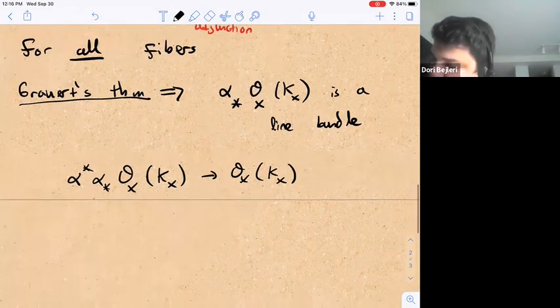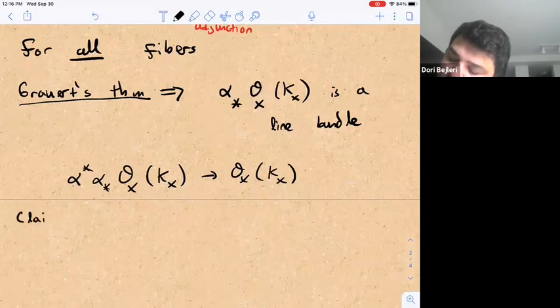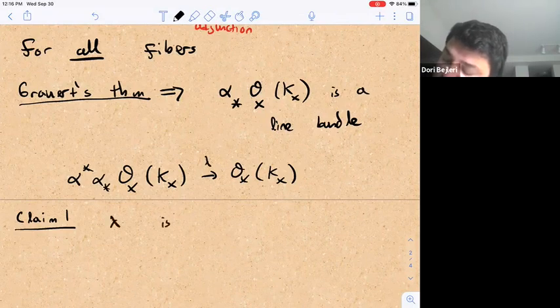Okay, so first observation. Let's call this map lambda. Lambda is an isomorphism on the generic fiber.